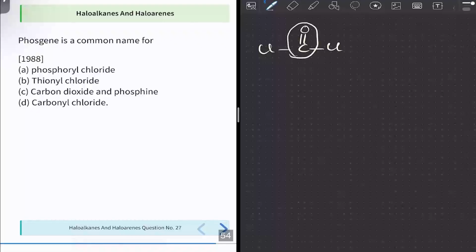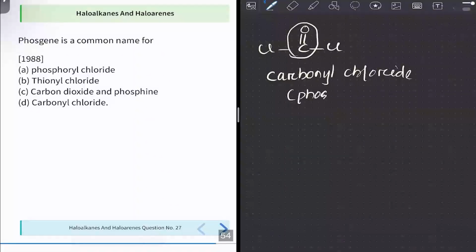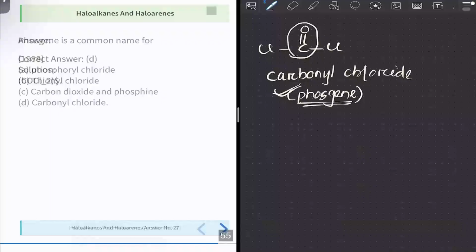So this compound is called carbonyl chloride or phosgene. Option D is the correct answer.